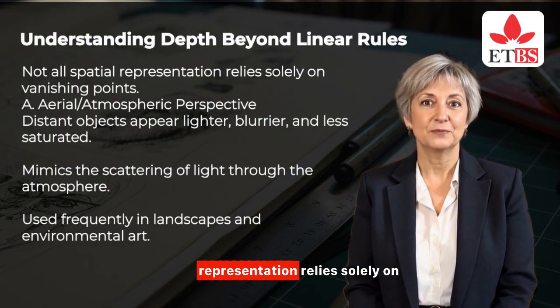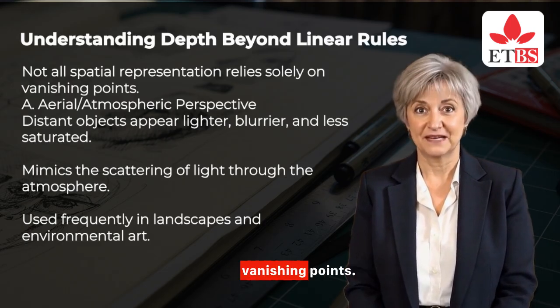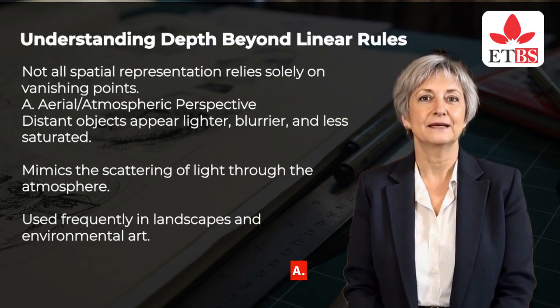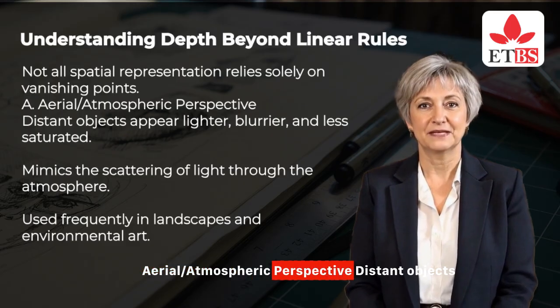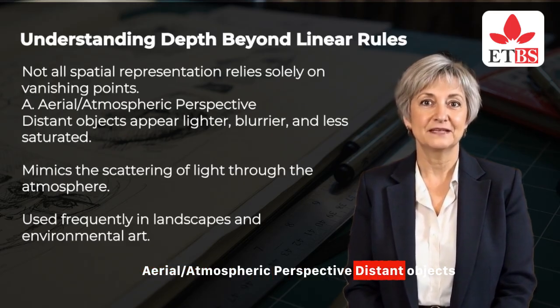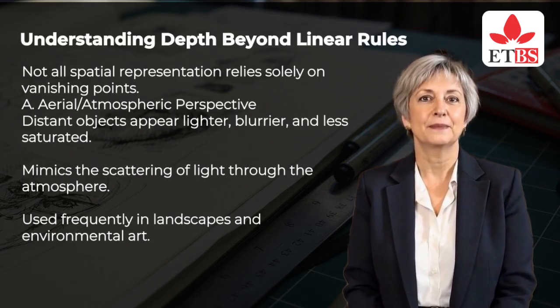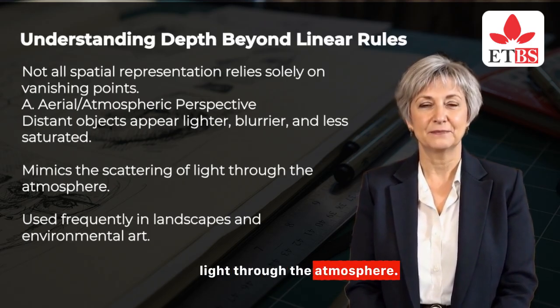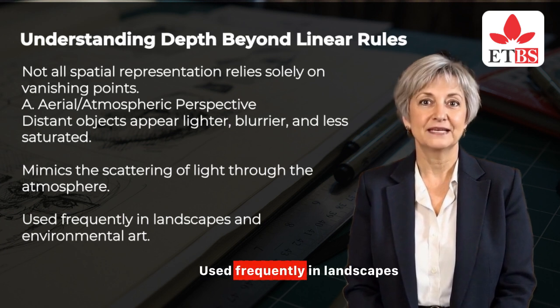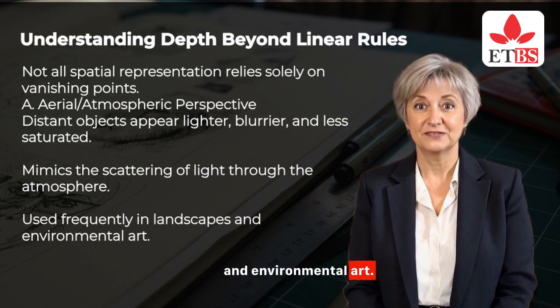Understanding depth beyond linear rules. Not all spatial representation relies solely on vanishing points. A. Aerial or atmospheric perspective: distant objects appear lighter, blurrier, and less saturated. It mimics the scattering of light through the atmosphere and is used frequently in landscapes and environmental art.